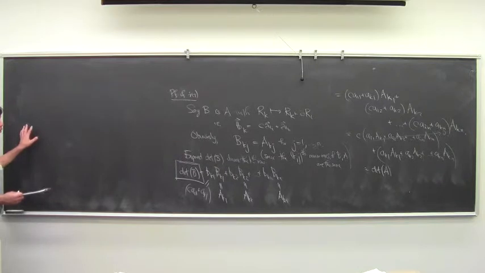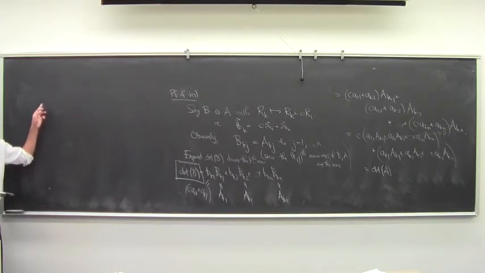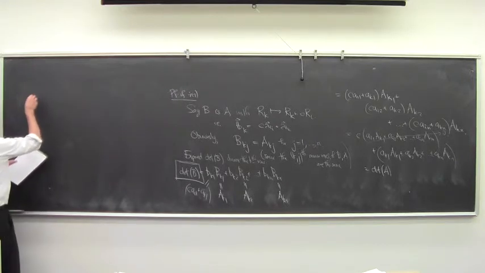Okay. So what we just noted is how the elementary row operations affect the determinant, right? There's another way of phrasing this.